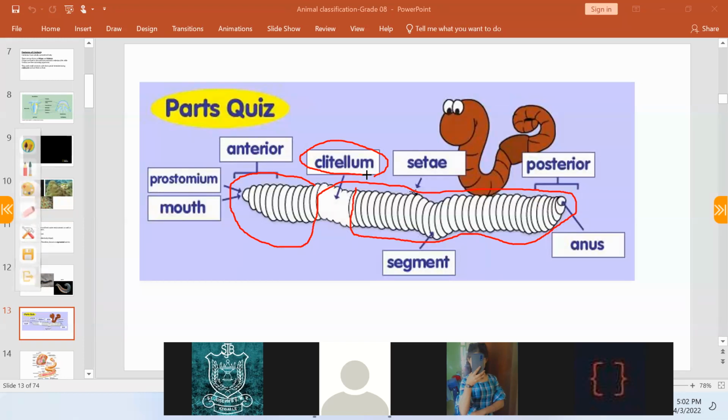That means the inside body parts are protected by this fluid. When they locomote, no damage is done to the body parts inside. That fluid is known as coelom.